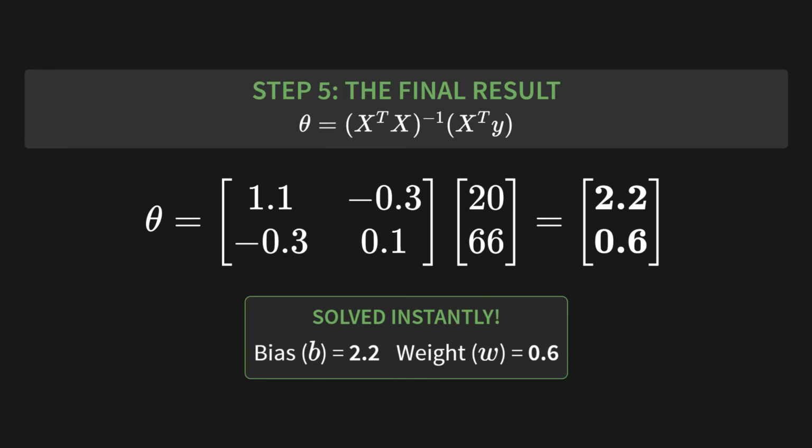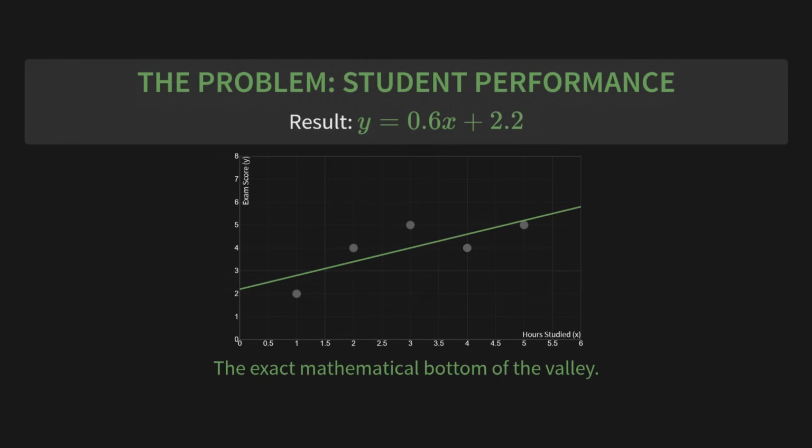The weight W is 0.6. So for our student performance problem, the result is the equation y equals 0.6x plus 2.2. This isn't an approximation. This is the exact mathematical bottom of the valley, the perfect answer found in one single calculation. No steps, no learning rate, just the answer.